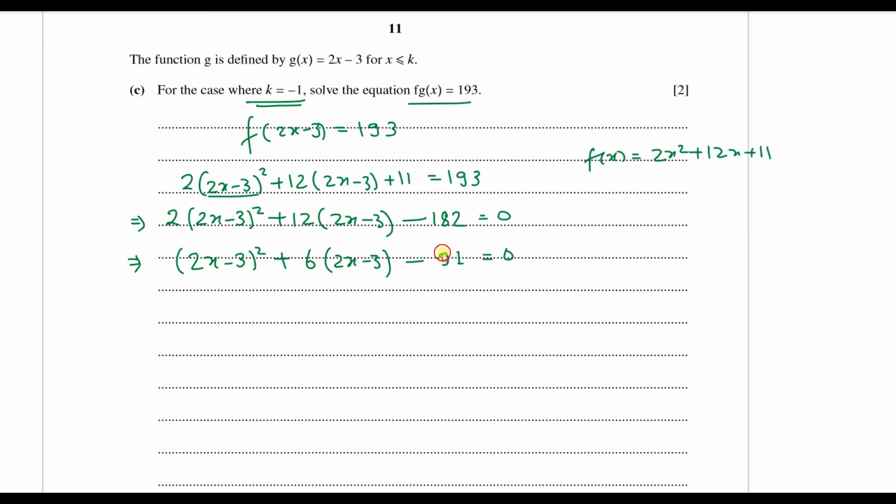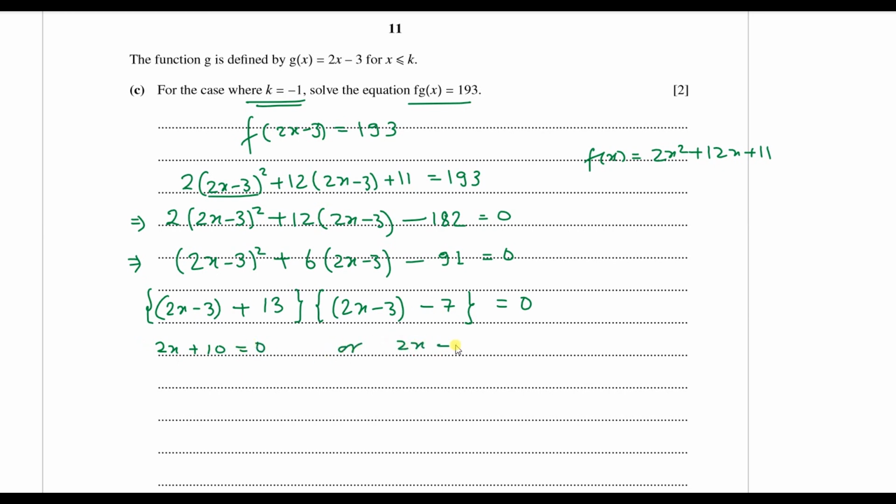Here we can see two numbers, when you multiply we get 91, and when you subtract we get 6, is going to be 13 and 7. So we can rewrite it as (2x - 3 + 13)(2x - 3 - 7) is equal to 0, and hence we got (2x + 10)(2x - 10) is equal to 0.